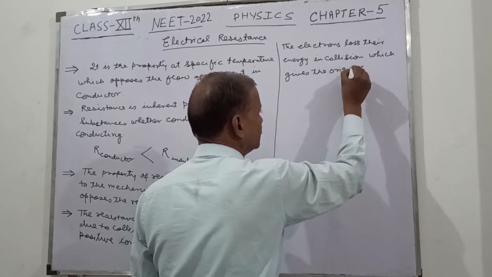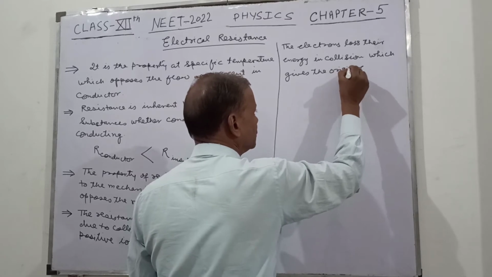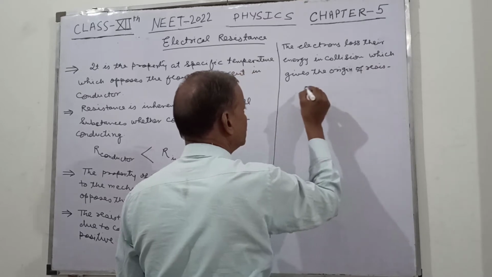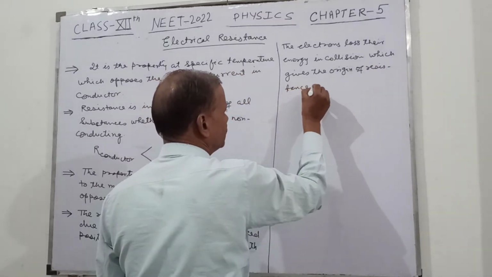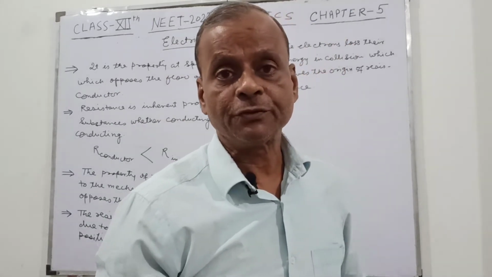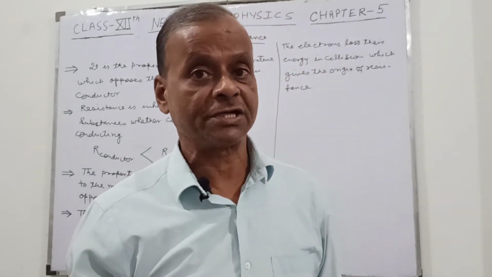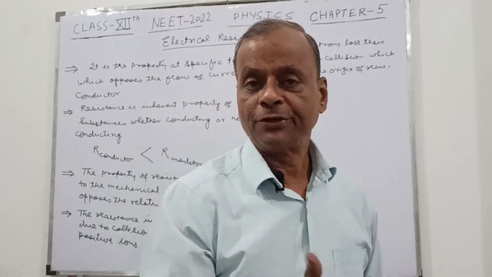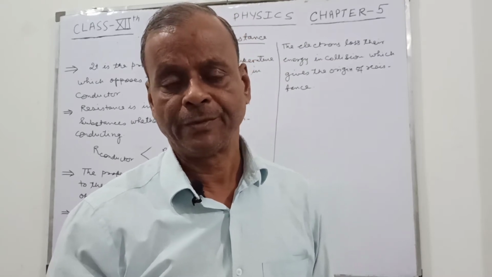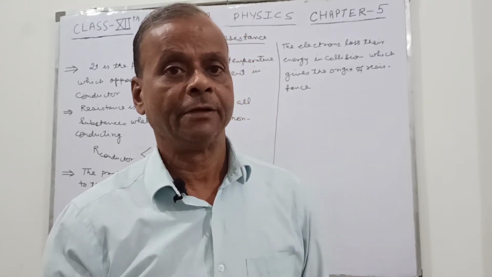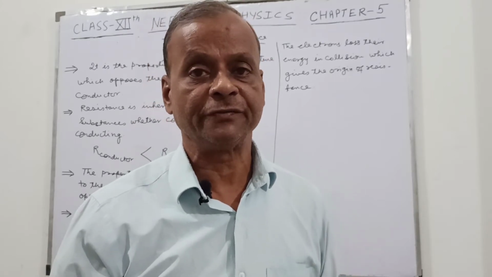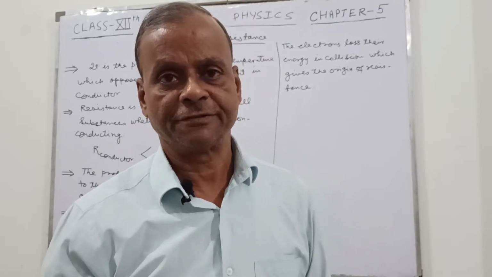Origin of resistance. So, how is this produced? Because when the electron strikes the positive ions, they lose some of their energy. Because of that, there is the resistance. So this hindrance produced by the positive ions is the resistance.